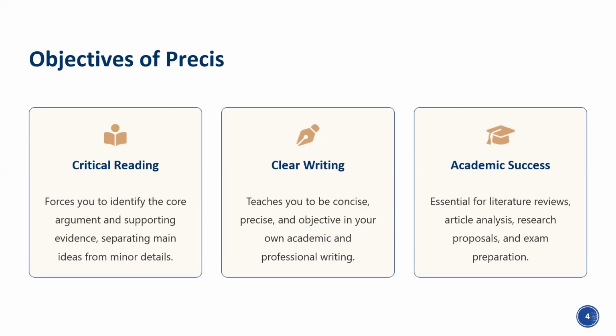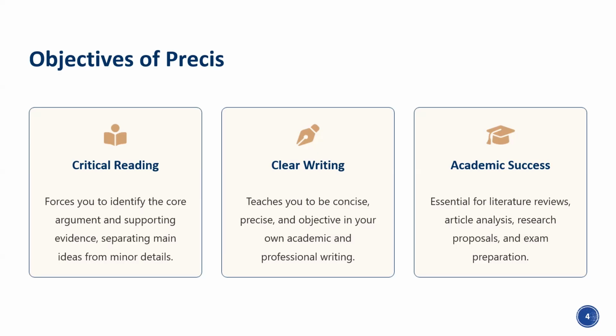So one particular idea is precision. That means very target oriented, very precise. From that word you have this word precis, and the objective in your own academic and professional writing. So you can use it in both your academic and professional writing. For example, maybe in the last semester you might design your own thesis paper, and whenever you are developing a thesis paper, you have to read a lot of text or a lot of research articles.